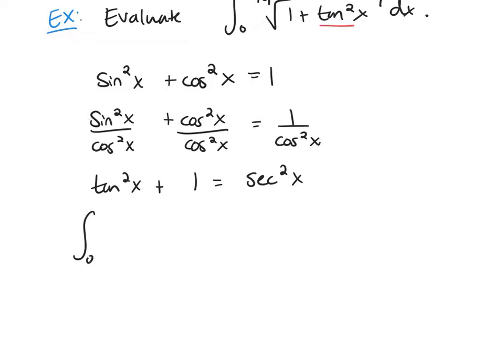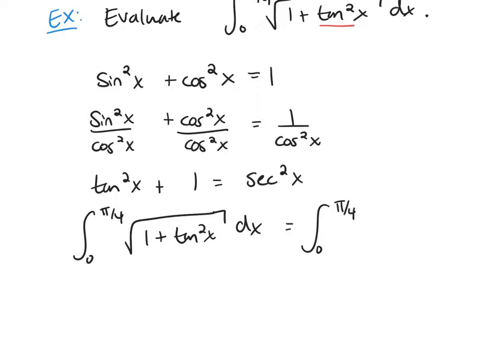So I had the integral from 0 to pi over 4, the square root of 1 plus tangent squared. This is the same thing as the square root of secant squared dx.